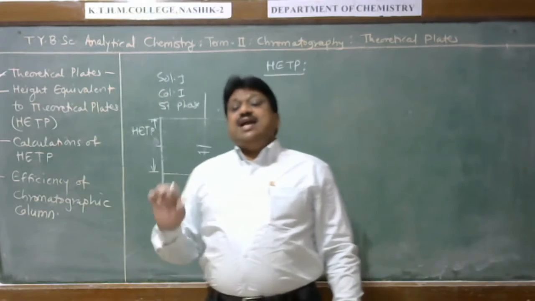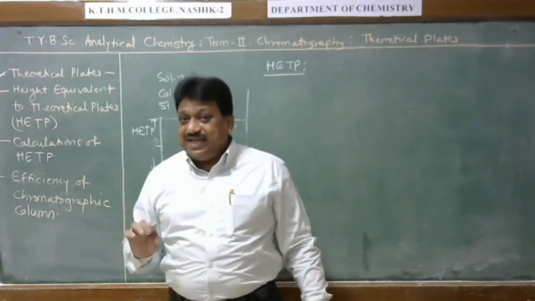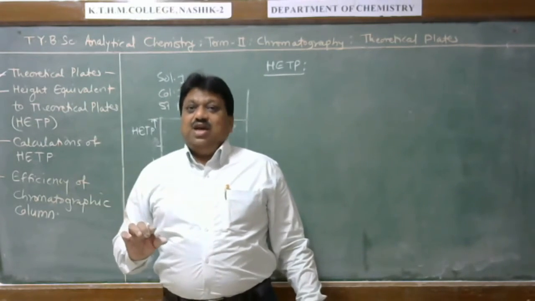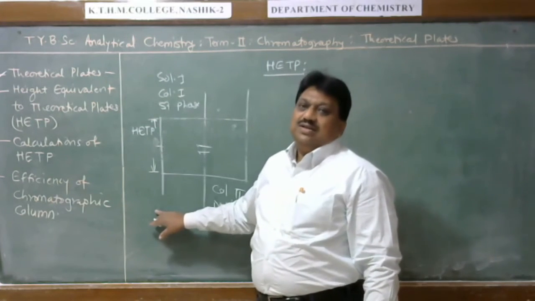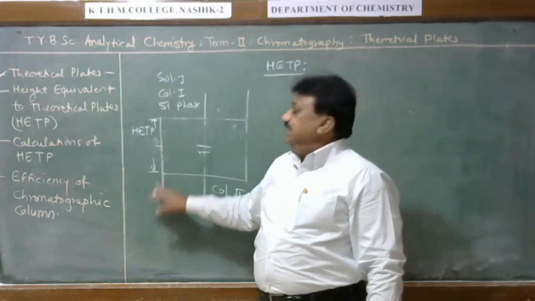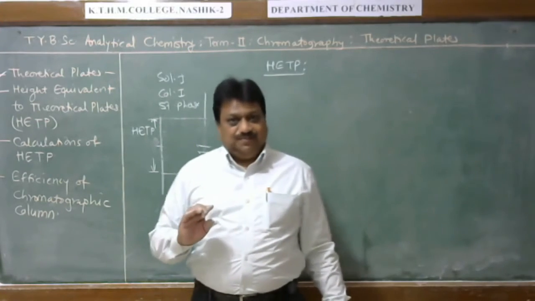In that case, height equivalent to theoretical plate is small. Therefore, more number of theoretical plates are present in a small length of column.